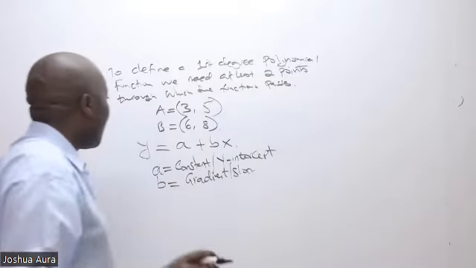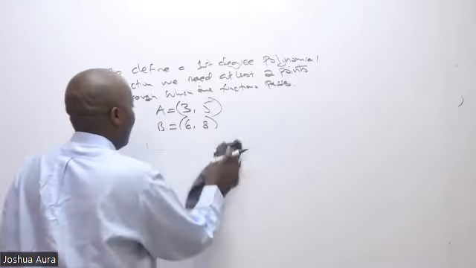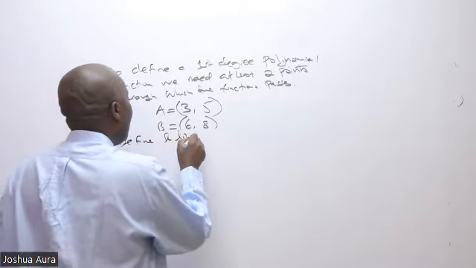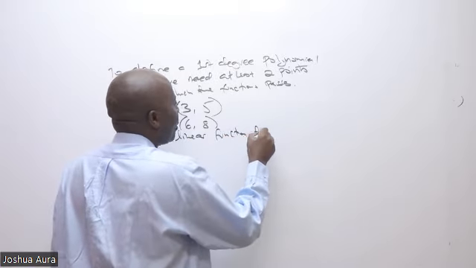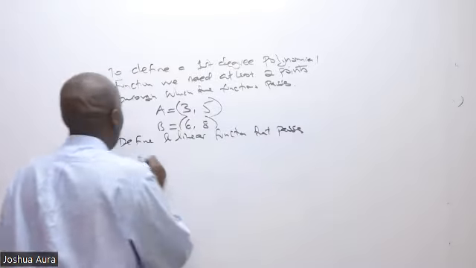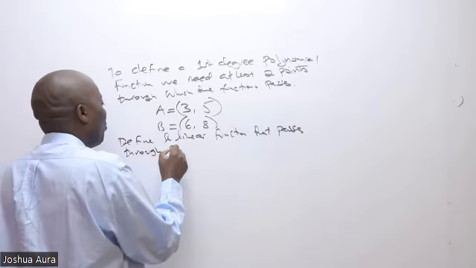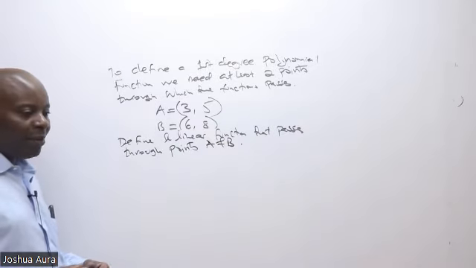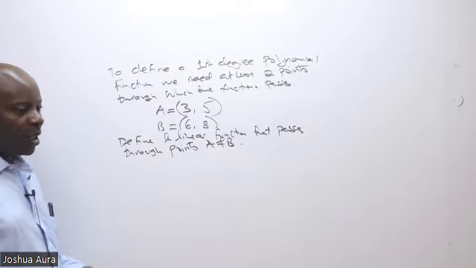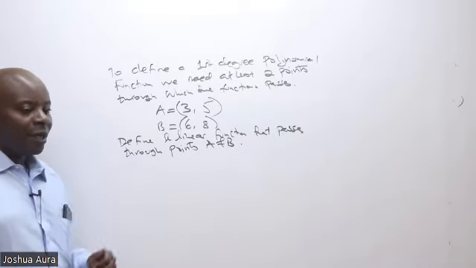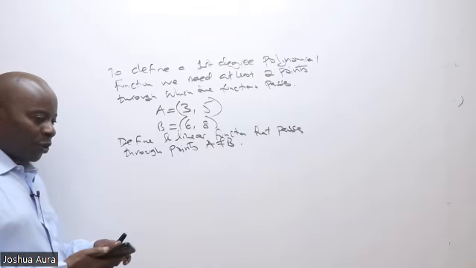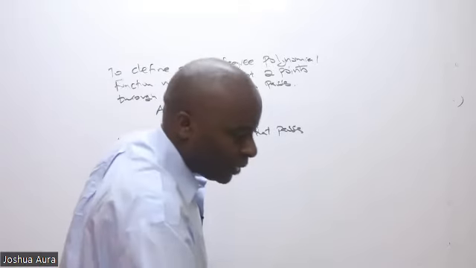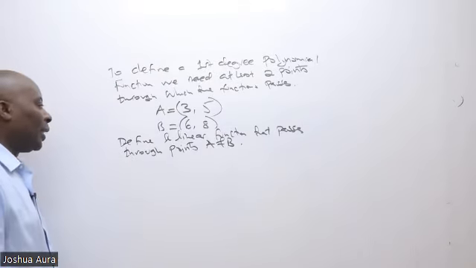And then you are told: define a linear function that passes through points A and B.